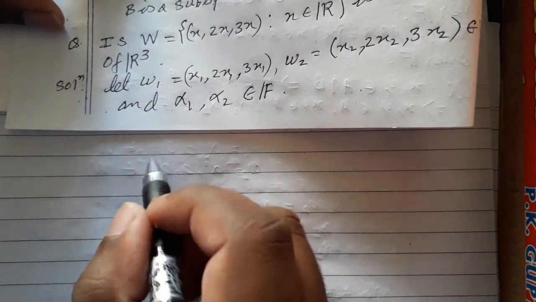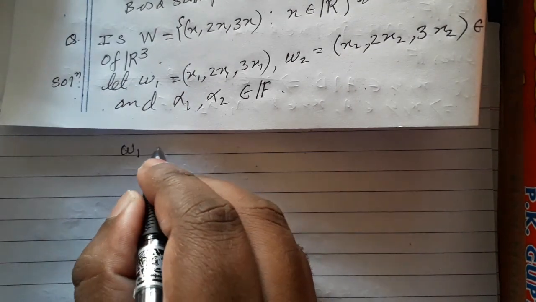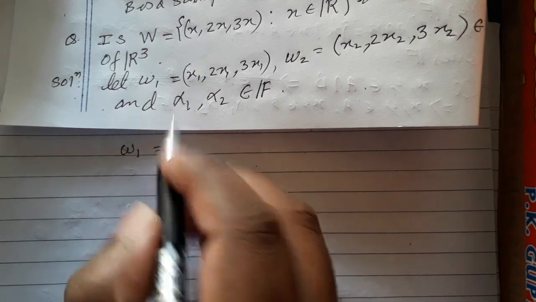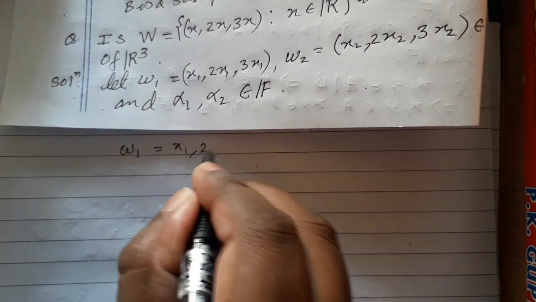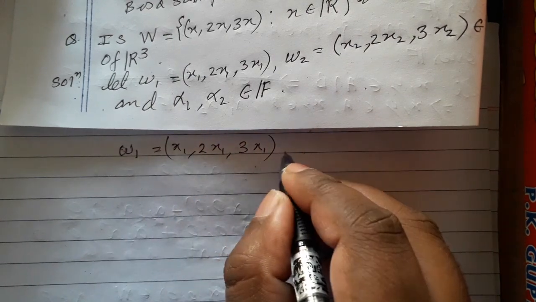So this is your W1. I'll take two elements from W. So W1 will be of this type: x1, 2x1 and 3x1, where x1 belongs to the real numbers.